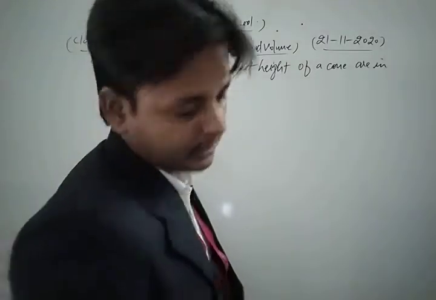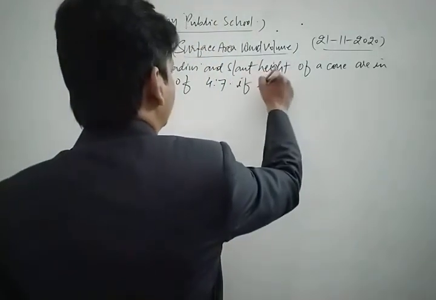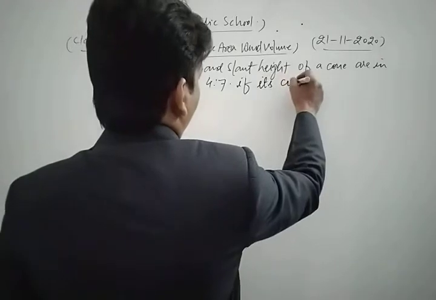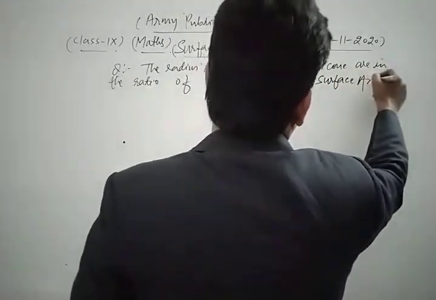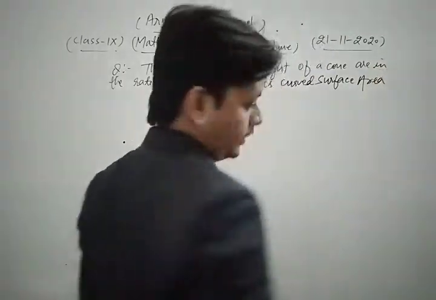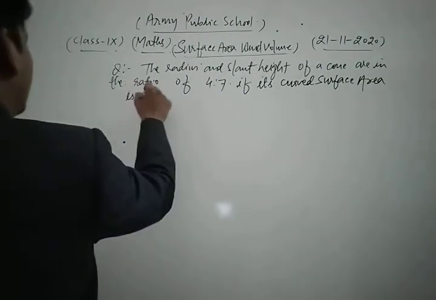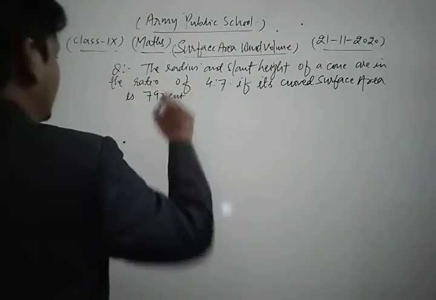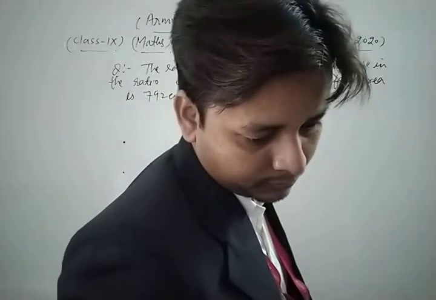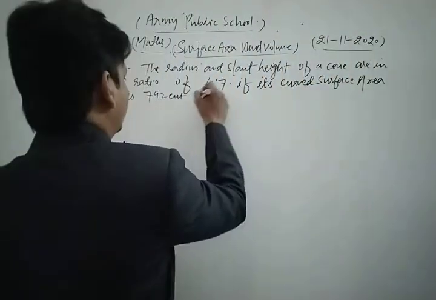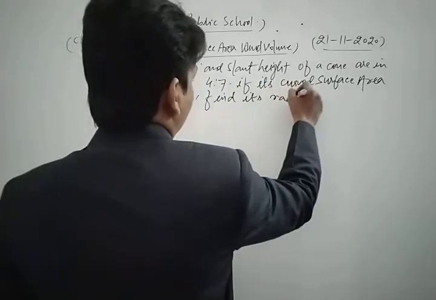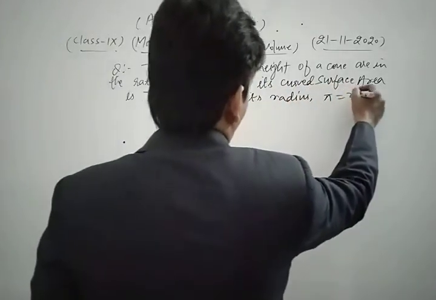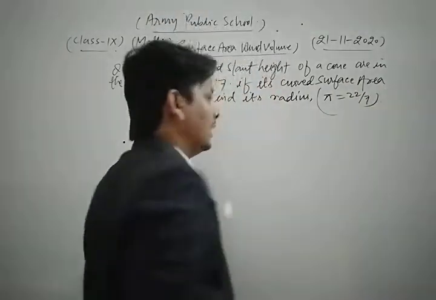If its curved surface area is 792 centimeters square, find its radius, and we take the value of pi as 22 upon 7. This is the question here.